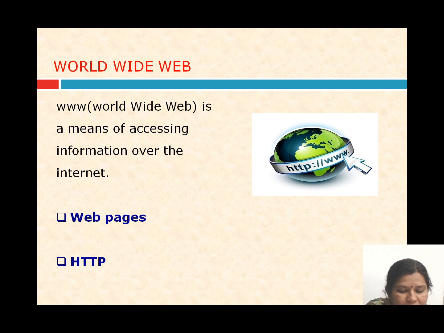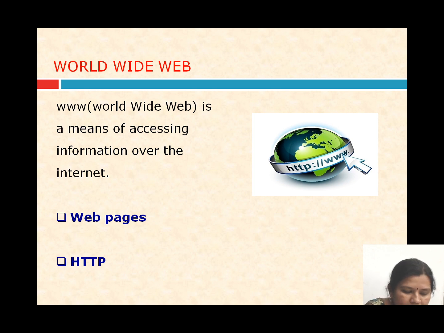See here, web pages contain millions of documents. A bunch of pages is called what? Web pages. And in these web pages, what do we have? Graphics, videos, sound, text, and links. When we click on the link, it will take you to another location in a web page.